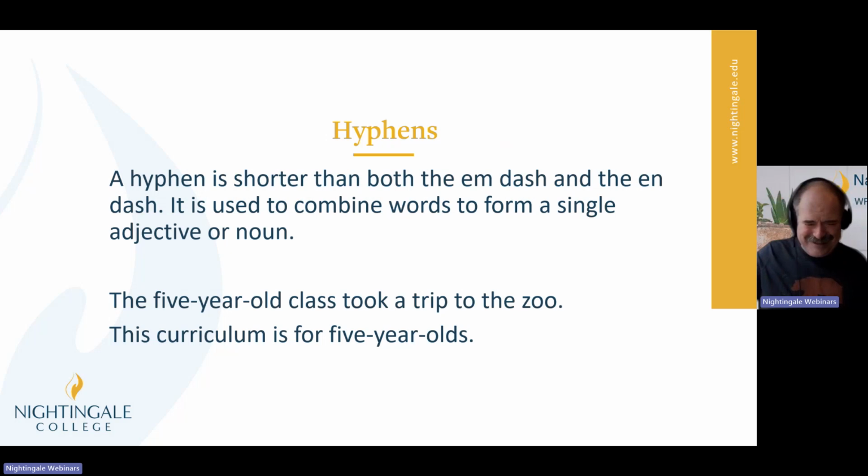This is kind of a weird mess of words, but we're trying to combine them all into a modifier of the word class. What kind of class? 5-year-old class. We can't smash those all into one word, so we use the hyphens. You can see we can also do this in the second sentence to make a noun out of words that are not nouns, or not all of them nouns.